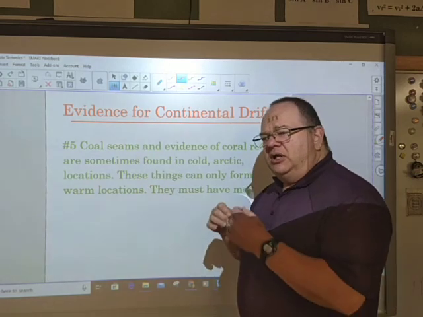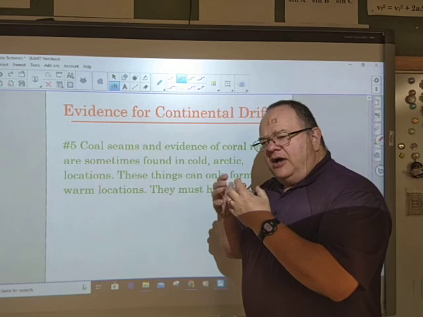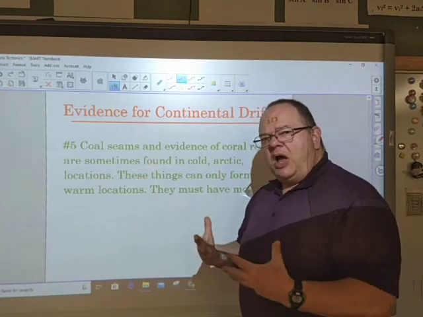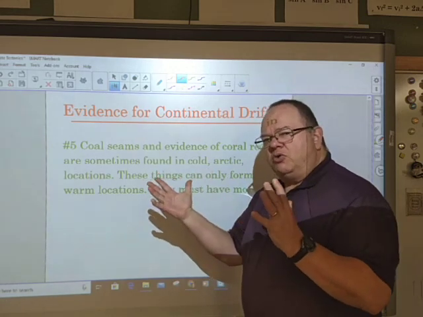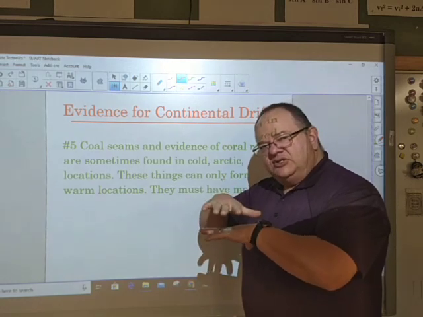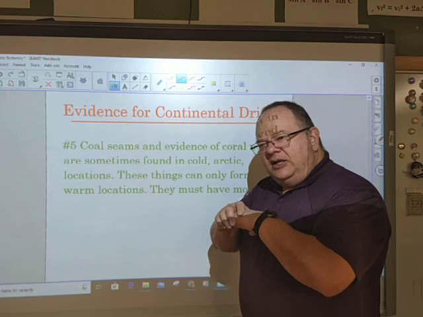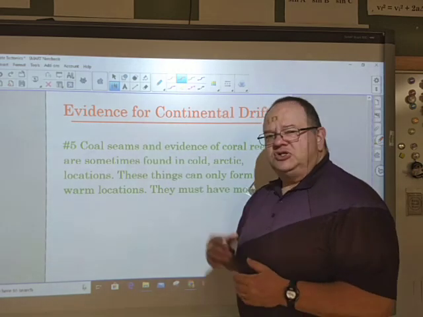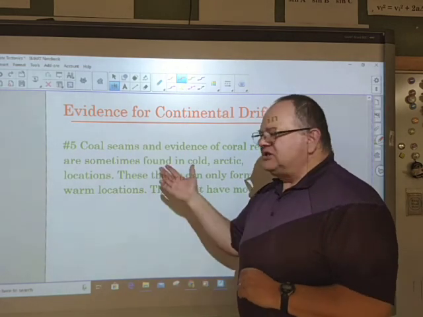Coal is the leftover mass that's been transformed from huge amounts of plant matter, like in swamps. Tremendous amount of plant growth. The plants grow, they die, they get buried in the swamp, and that plant matter gets buried deeper and deeper and squeezed and transforms over a long period of time into coal. Well, to have that kind of plant growth has to be a warm climate.